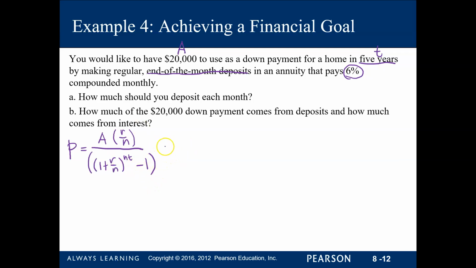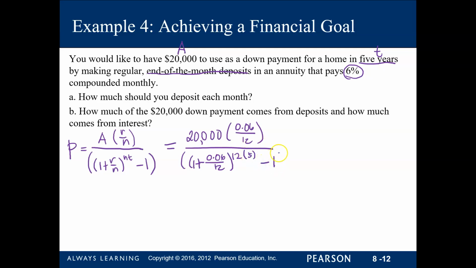So if we plug in the values, the future value is $20,000, and we multiply that by 0.06 over 12, that's R over N, all over 1 plus R over N raised to N times T, which is actually 5 years. Then we have that minus 1 at the end, bigger parentheses.